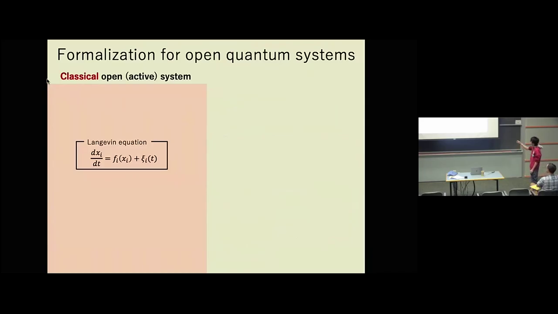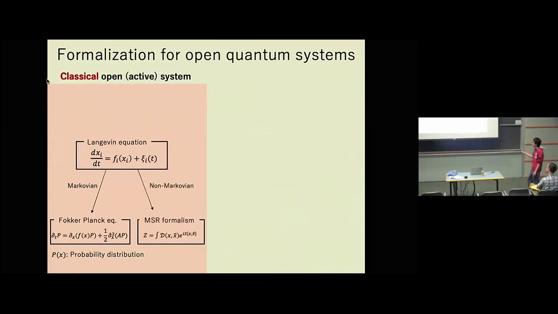Usually to formulate a classical active system, I think many of you start with a Langevin equation. If you take the Markovian limit, it boils down to Fokker-Planck. Sometimes it's non-Markovian, and in that case, many times, not always, the Martin-Siggia-Rose formalism is pretty helpful.